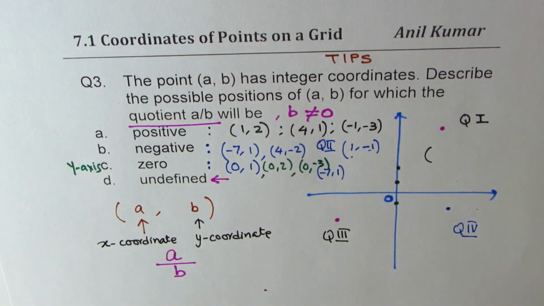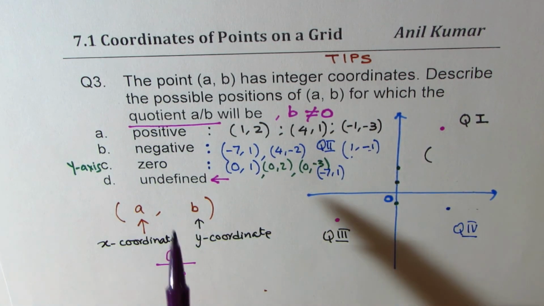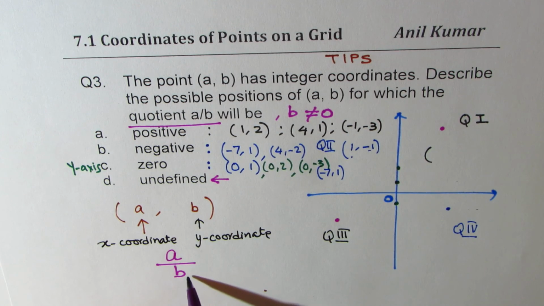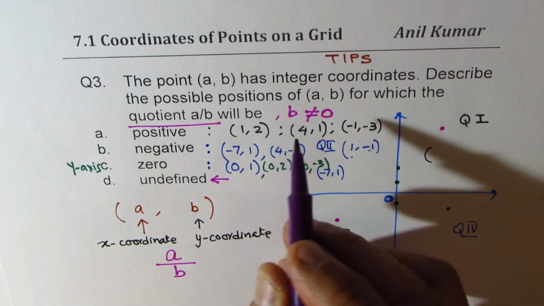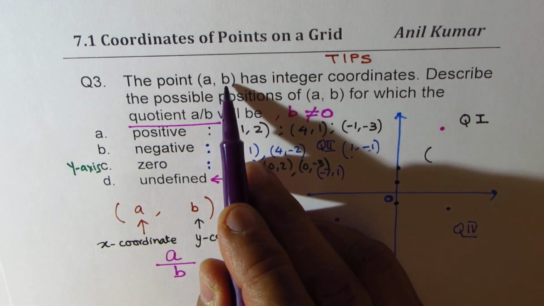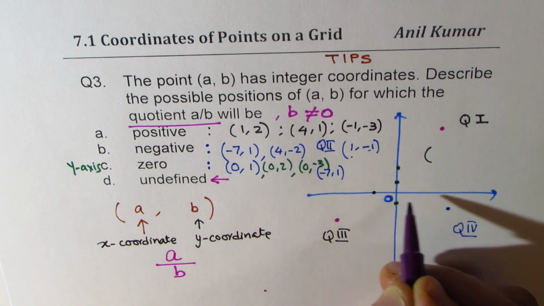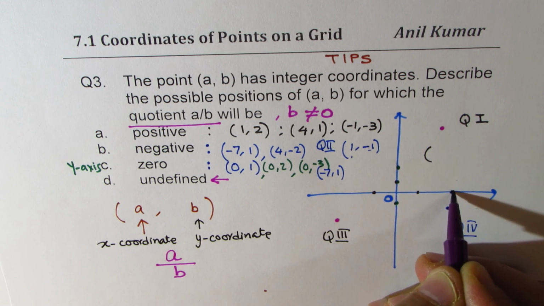Now when I say that the point should have an undefined ratio, that means B is 0, right? Only then it will be undefined. B being 0 means the y value being 0. So now we are looking for points on the x-axis.